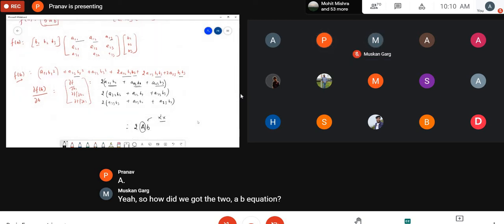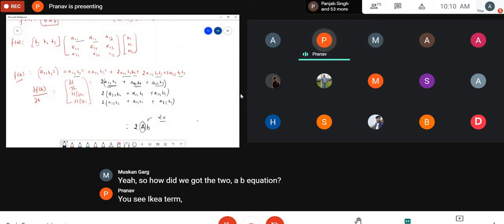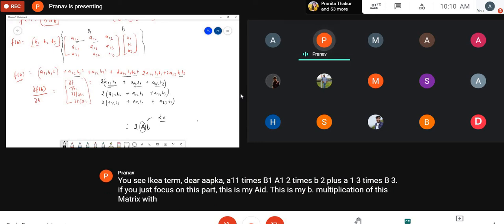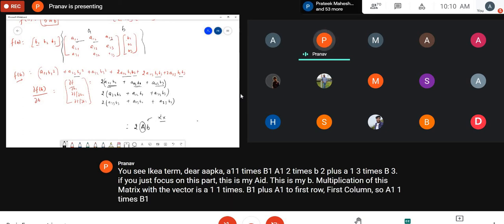You see, what is this term, dear? A11 times B1, A12 times B2 plus A13 times B3. If you just focus on this part, this is my A, this is my B. Multiplication of this matrix with the vector is A11 times B1 plus A12 times B2 plus A13 times B3, first row, first column, which is exactly this term.